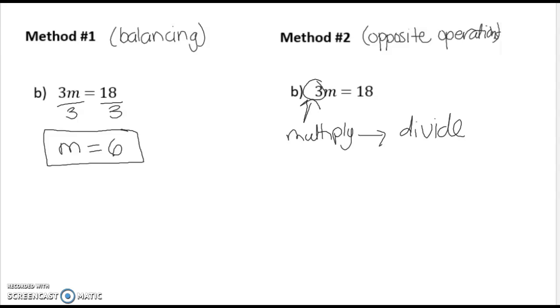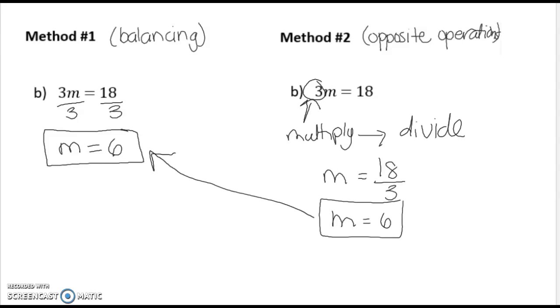So that means m equals 18. Instead of multiplying, we're doing the opposite, so we're dividing by 3. And then m equals 6. What do you notice again? Same answers. Okay, let's try the next one.